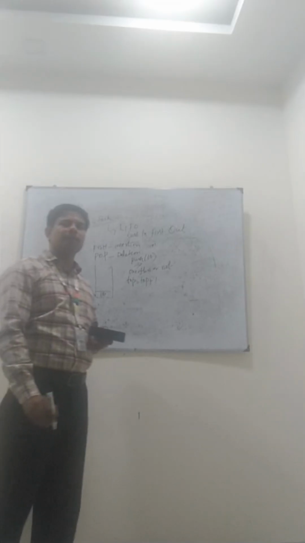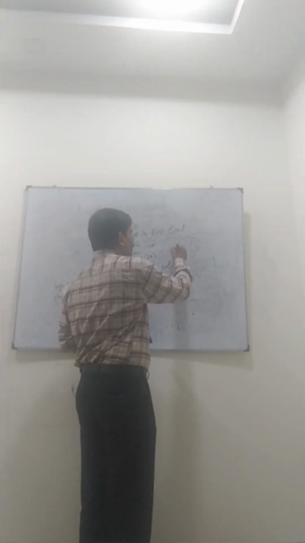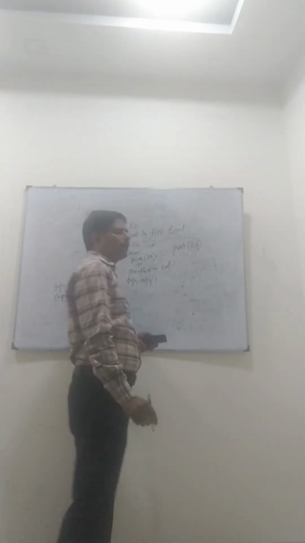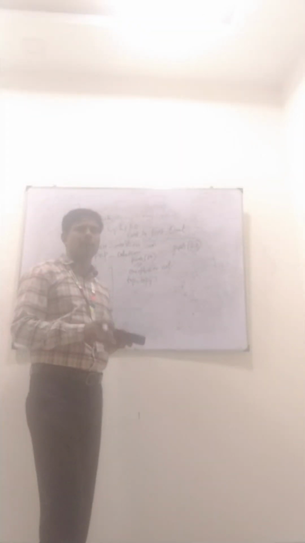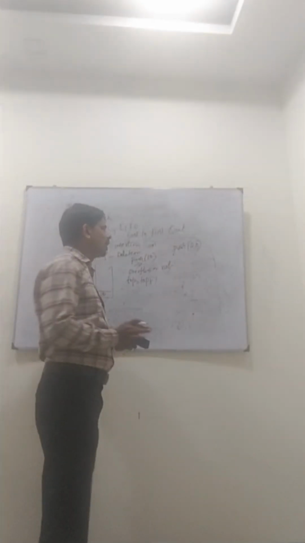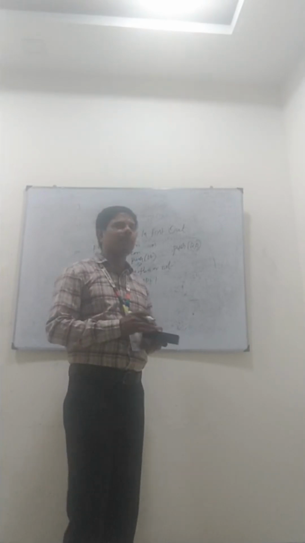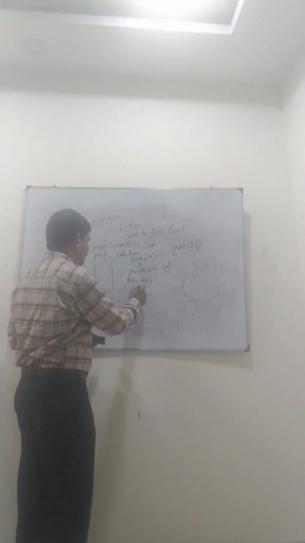Now we have inserted only one element. Now we are going to insert the second element, 20. The same process: check whether the stack is overflow or not, whether the stack is full or not. If the stack is full, we cannot perform insertion. Otherwise, top equal to top plus 1.